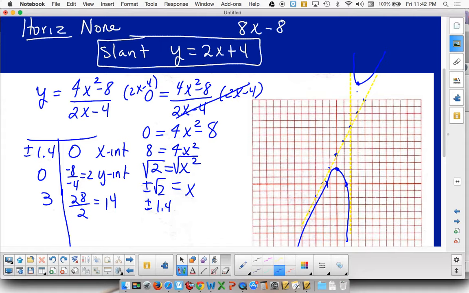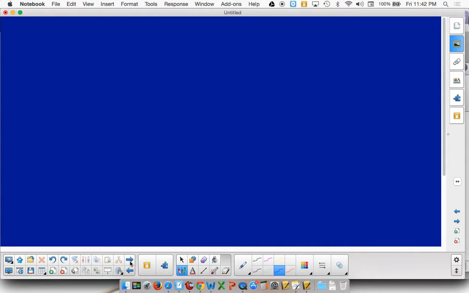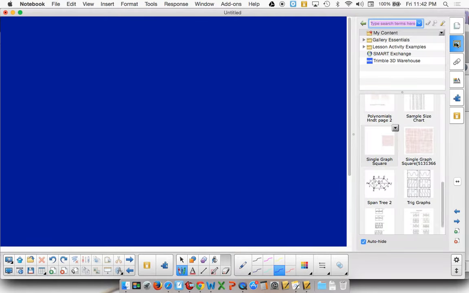I know this is getting long, but I feel the need to do just one more example just to make sure you've got it. Let's do a more traditional graph here, just to make sure we've got a clue. This time I think I'll pop my graph square on right now.